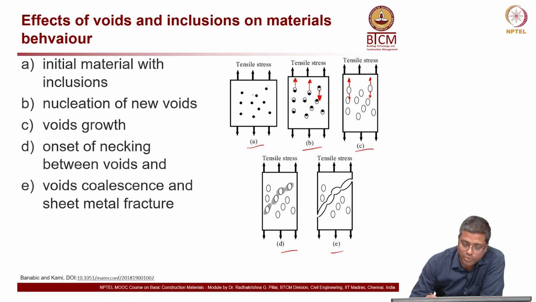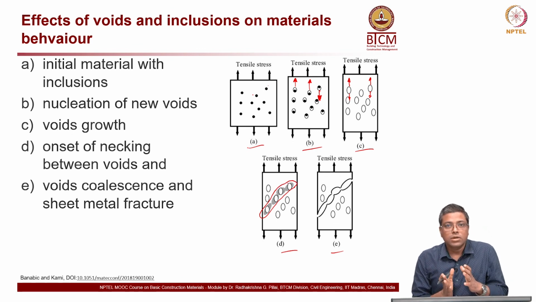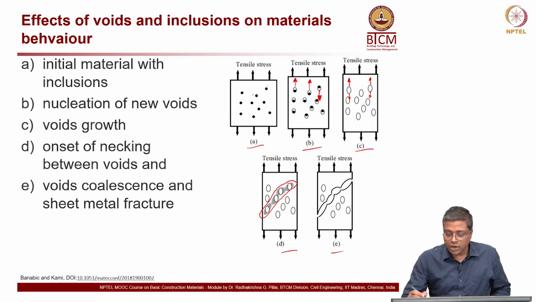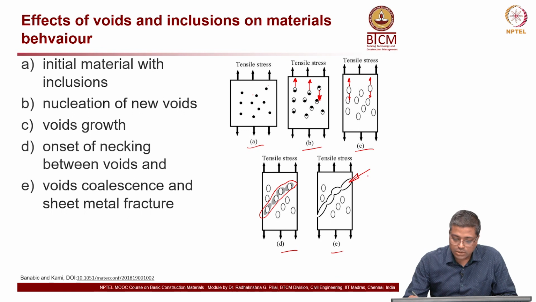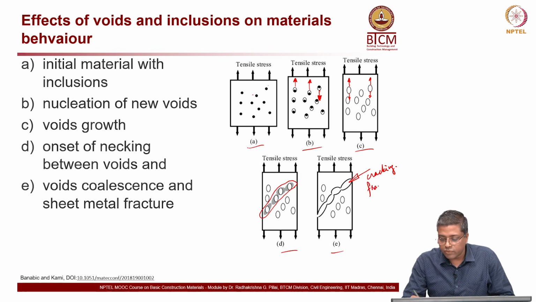There is a flow of material at this stage. You can see this shaded region, the voids tend to become one large void and eventually they crack. So, that is your crack or coalescence, and then cracking or even fracture happens.